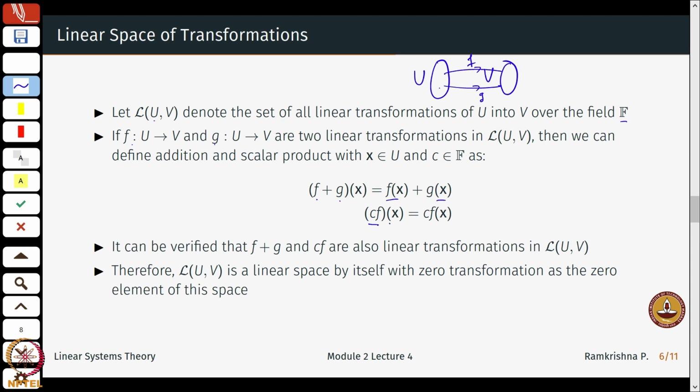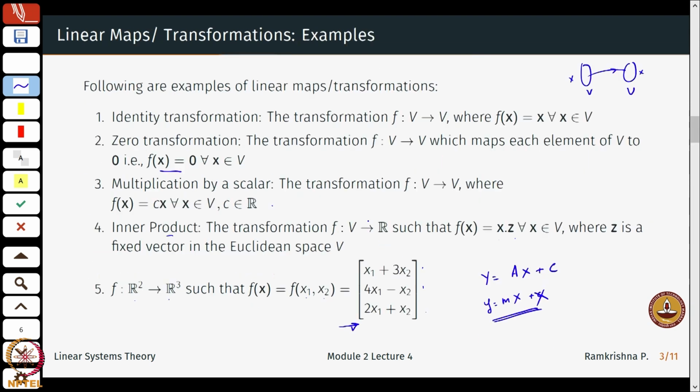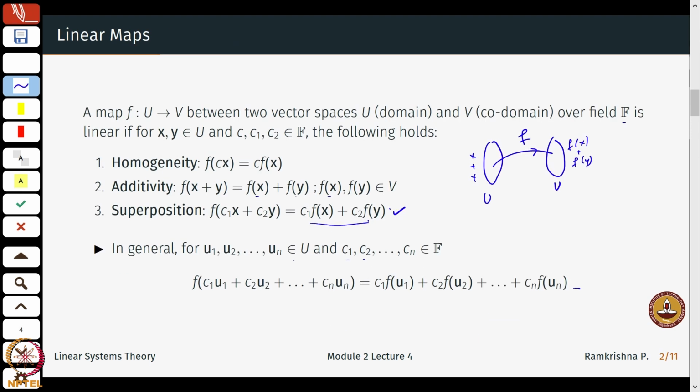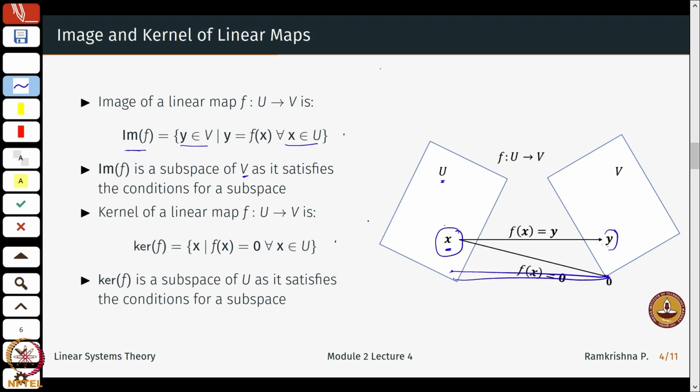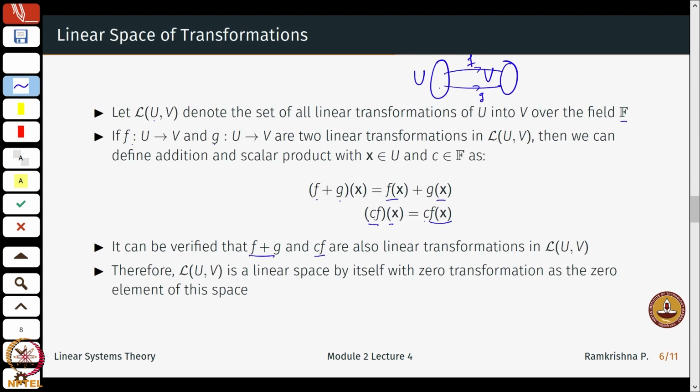Similarly, I can do it with scaling. So c times f acting on x will be f of x first and then multiplied by c. It can be verified that f plus g and c times f are also linear transformations. It is very simple to verify the properties that we had seen earlier.